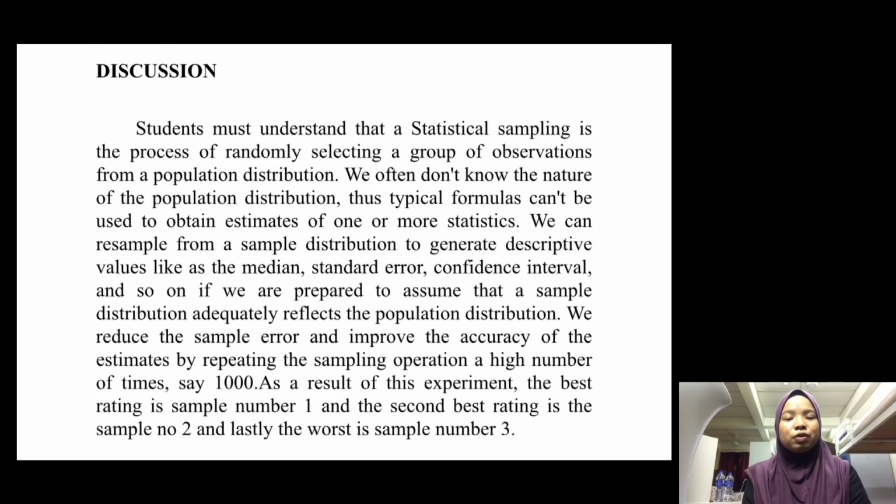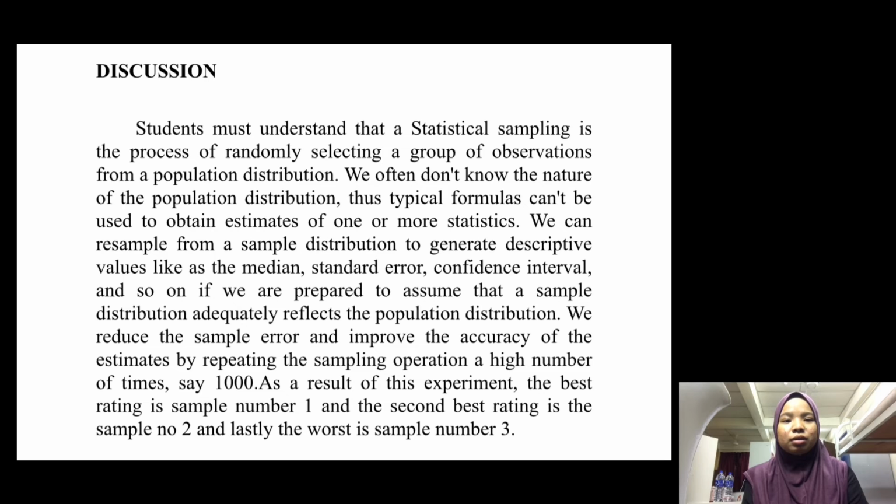Okay, students must understand that statistical sampling is the process of randomly selecting a group of observations from a population distribution. We often don't know the nature of the population distribution. Thus, typically, a formula can be used to obtain an estimate of one or more statistics.